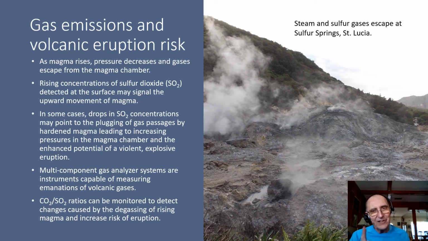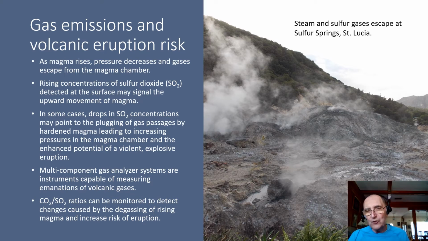Interestingly enough, in some cases, drops in the sulfur dioxide concentration might point to the plugging of gas passages by hardened magma, leading to increasing pressures in the magma chamber and the enhanced potential of a really nasty, violent, explosive eruption.